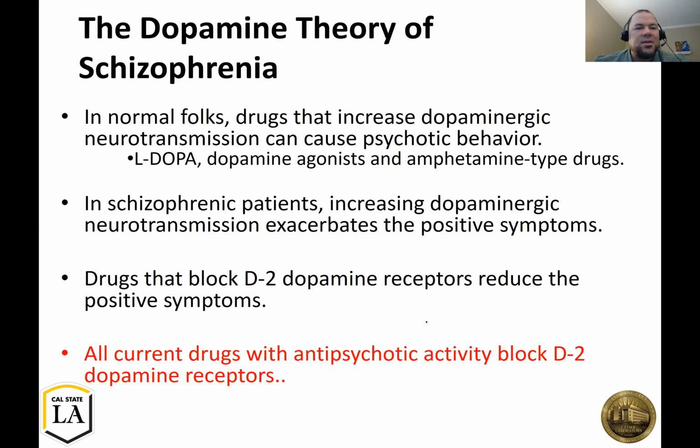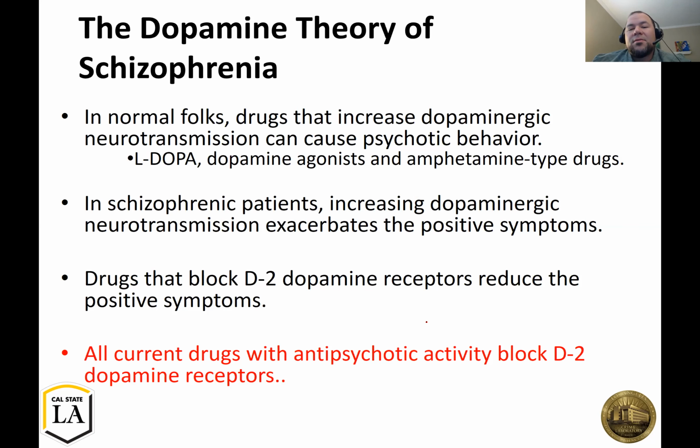It's really interesting. So there is what's known as the dopamine theory of schizophrenia. I want to bring that up. So in normal folks, drugs that increase dopaminergic neurotransmission can cause psychotic behavior. So we have drugs like L-DOPA, dopamine agonists, and amphetamine type drugs.